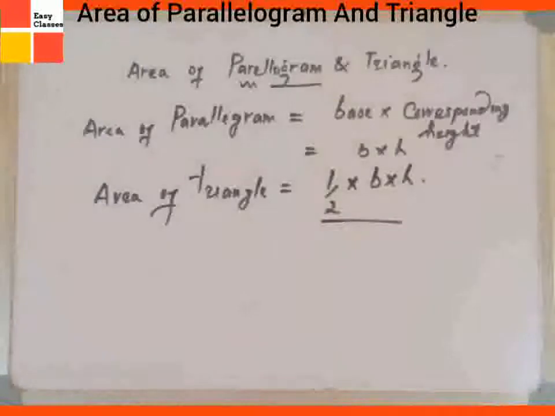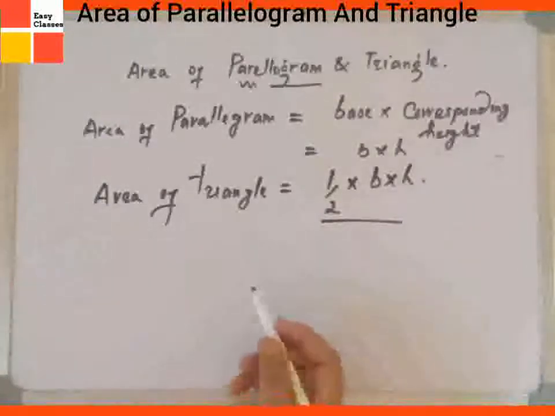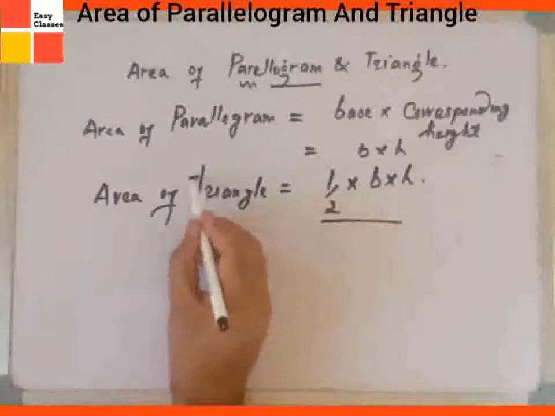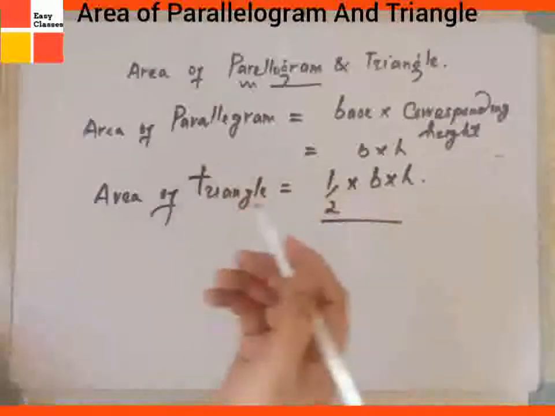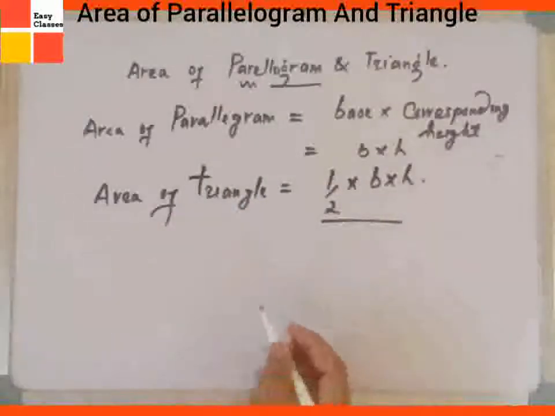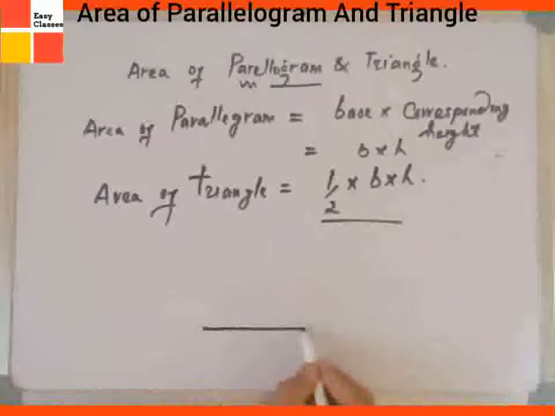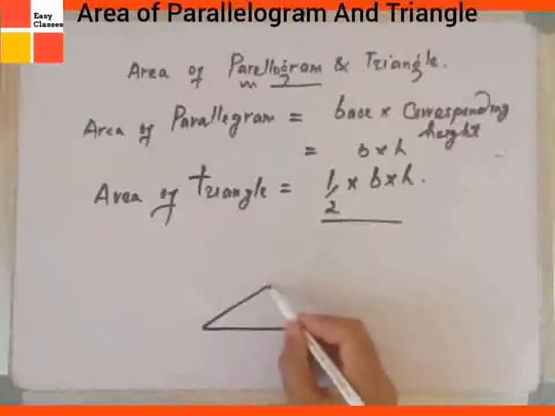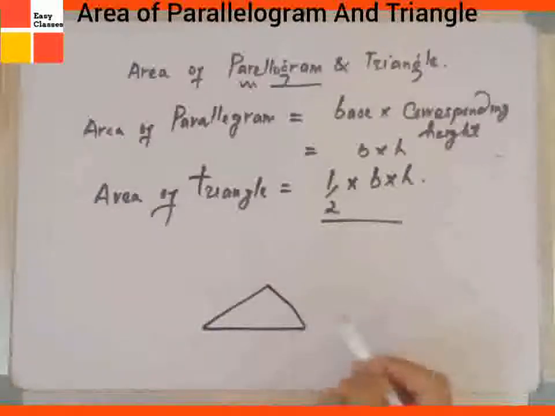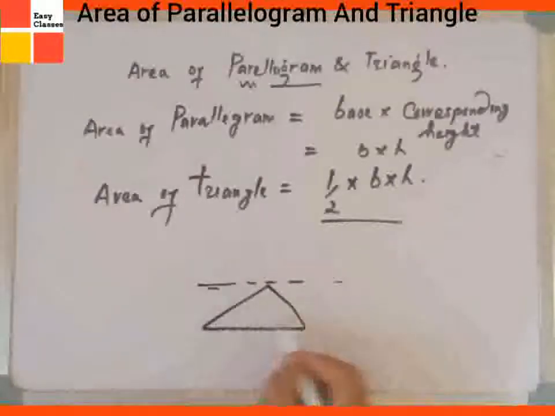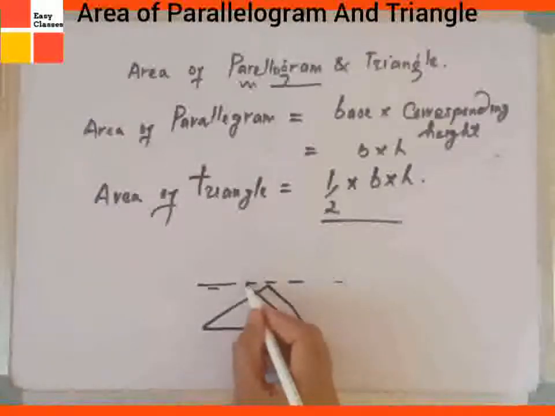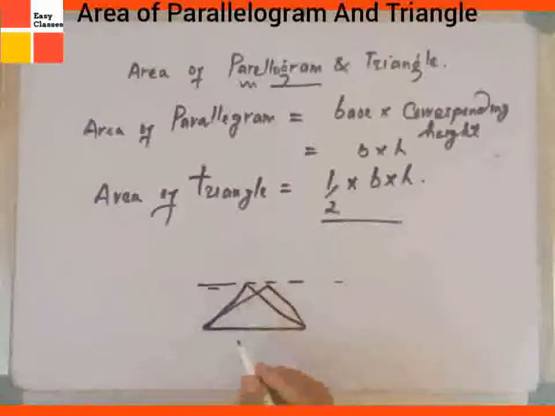Now see, let me discuss another important point about these triangles. See, for example, this is a triangle, right? Say, for example, there is another triangle here, another triangle.